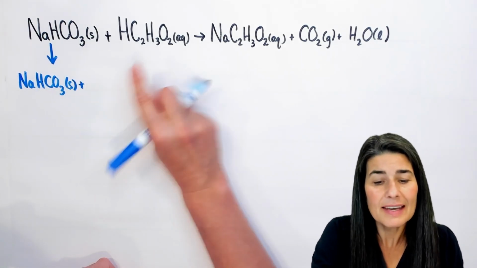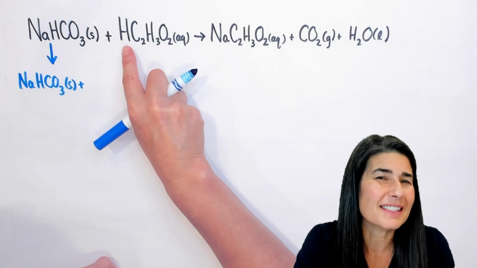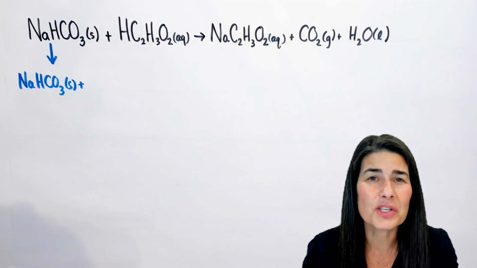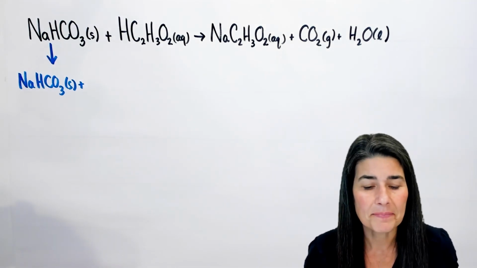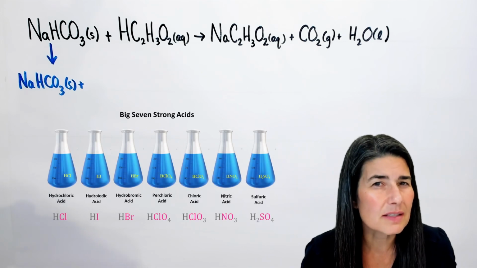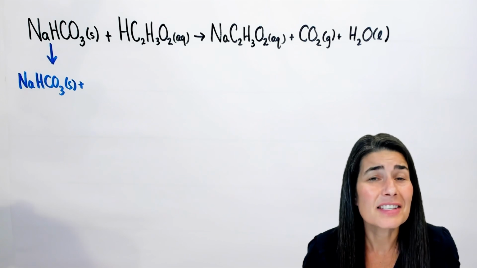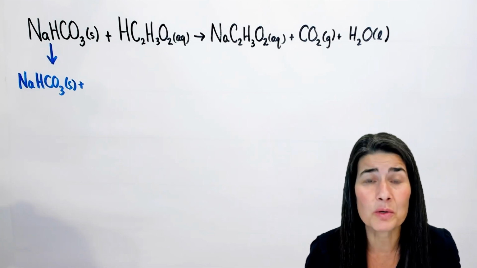Plus, now the next chemical is acetic acid. I know it's an acid because it starts with H. So what we need to do is look at our list of big 7 acids. If we look at the list of big 7 acids, we notice that acetic acid is not one of them. It's not a strong acid. It mostly stays undissociated.